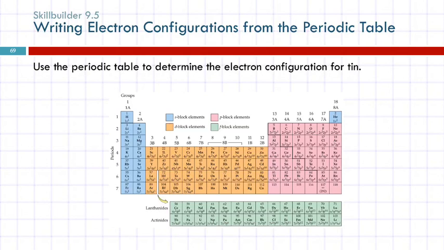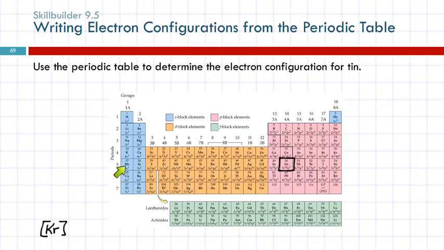So let's do another example. Use the periodic table to determine the electron configuration for tin. Well, first we have to find tin. It's element number 50, right here. So what's the previous noble gas? Krypton.